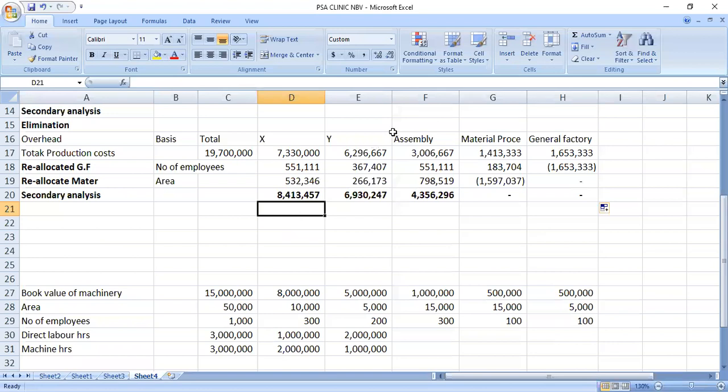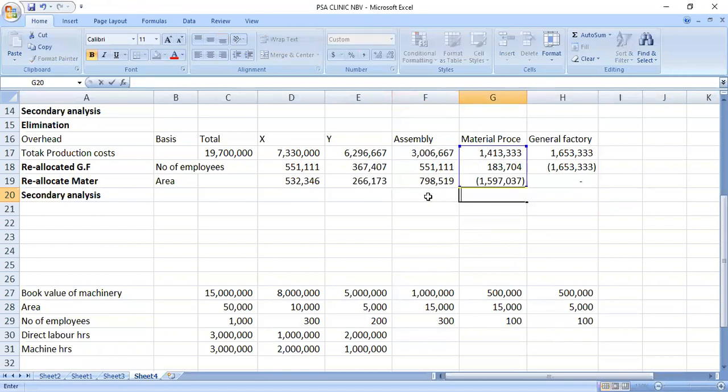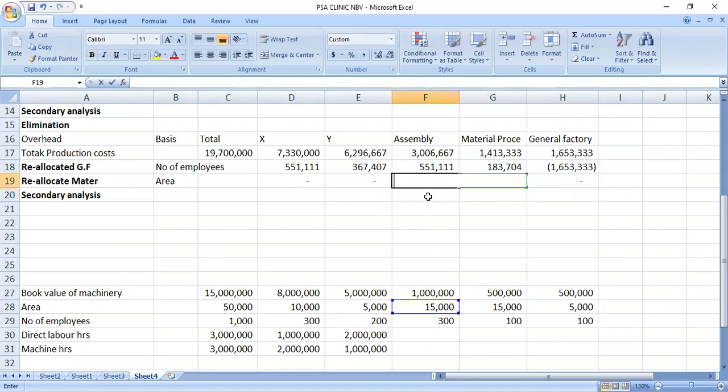Assuming that assembly was also a service center, we're saying, okay, so we have assumed, okay, and assuming the service center, we're saying, okay, before we give away, if assembly was a service center, after giving away general factory, we're supposed to come and ascertain the total of this one.